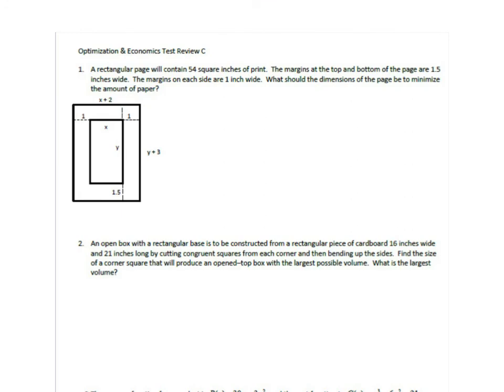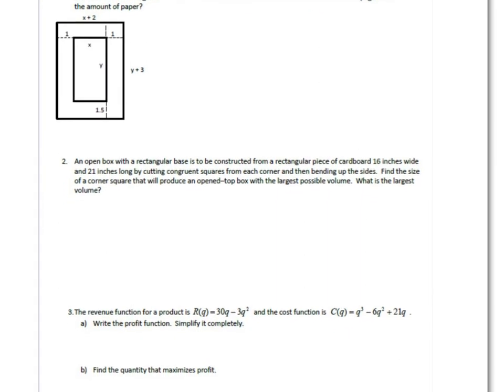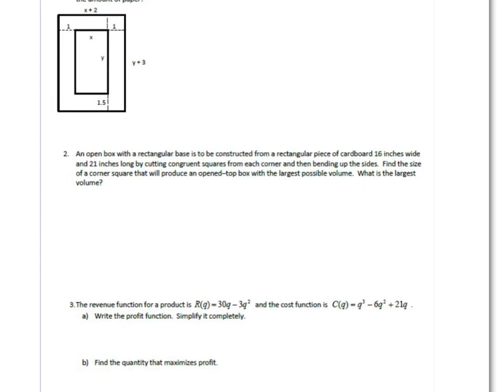Okay, so number 2 on this last review, we haven't done one like this yet in the video. I'm going to draw the picture. We're going to cut out the corners, and they're square corners, so each corner is x. We've got 16 by 21, so that means this top dimension is 21 minus 2x once we cut out the corners, and the vertical one is going to be 16 minus 2x.